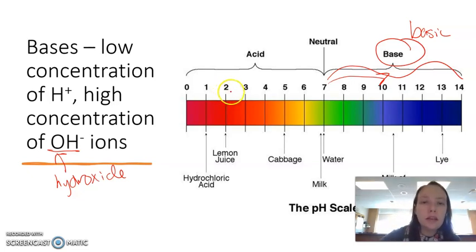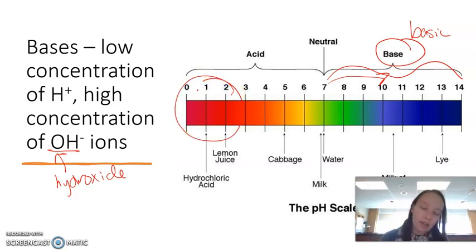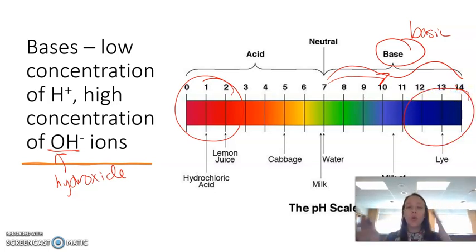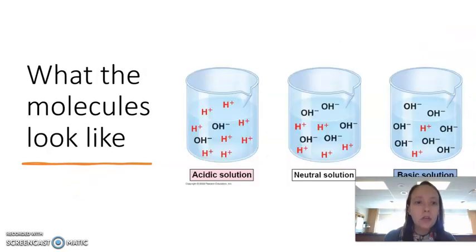So anything that's very acidic, if it's really far to the acid end, or if it's really far on the basic end, either one of those things can be very harmful. So not just acids can burn, bases can too. So anytime you have an item with a really extreme pH, either really high or really low, that's going to be a problem.